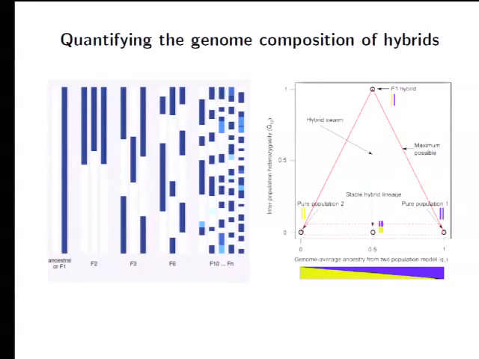If you have a hybrid swarm, you tend to be up in here somewhere where you have lots of segregating variation for ancestry. As a lineage gets older and older, you get more and more of these homozygous chunks. And you could stabilize anywhere in this region, but with low levels of interspecific or interpopulation heterozygosity. So these two measures are how I want to think about quantifying genome composition.